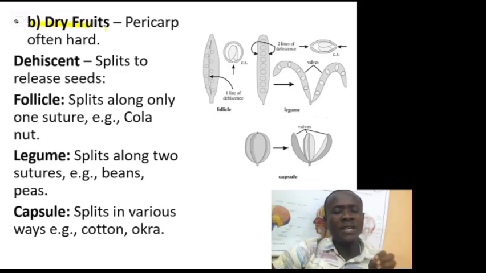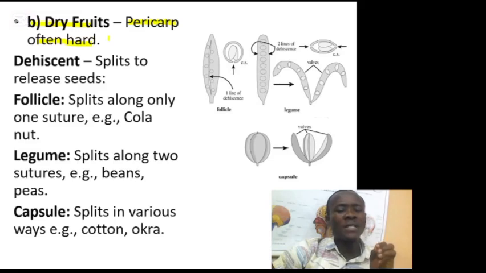Now let's discuss dry fruit under the simple fruit. The dry fruit, as their name indicates, they have dry pericarp. That means the pericarp does not have water in it like we have in the succulent or fleshy fruits. And in this case, the pericarp is not soft. The pericarp is often hard.